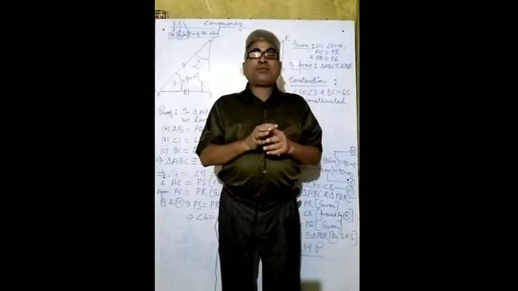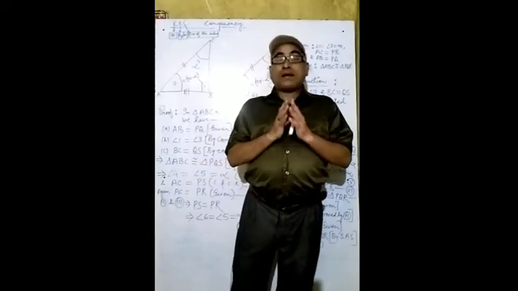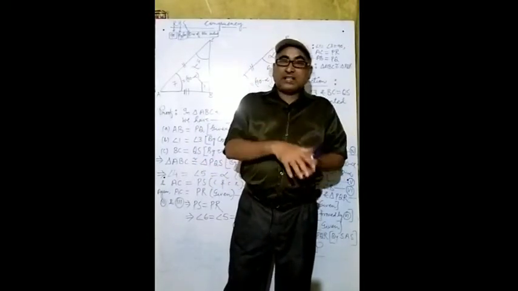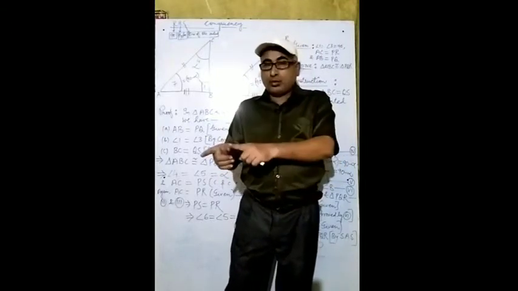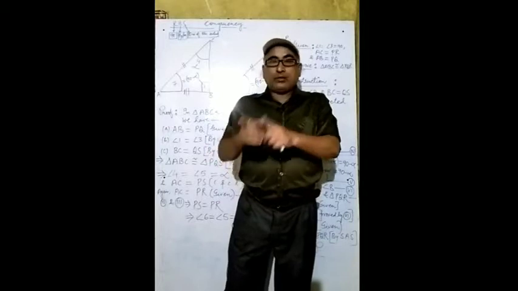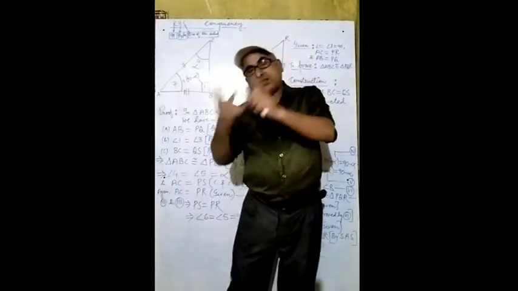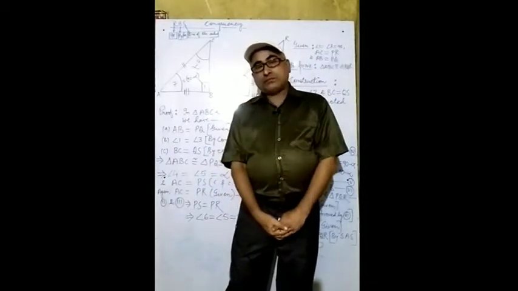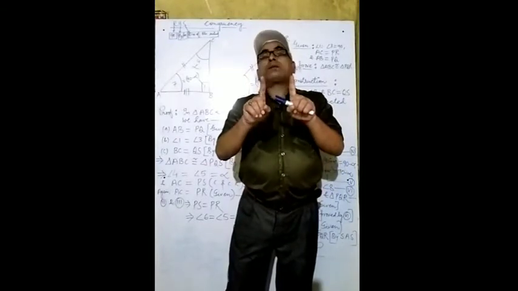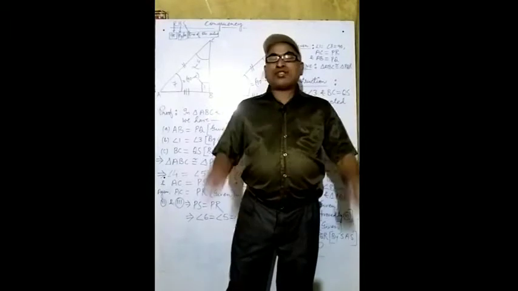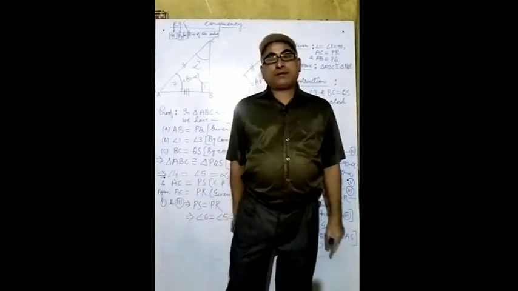We have to just verify that these three conditions are there: 90 equal to 90, hypotenuse equal to hypotenuse, and one of the sides equal to one of the sides of the second. So we have to show that both the triangles are congruent. This is the verification part.